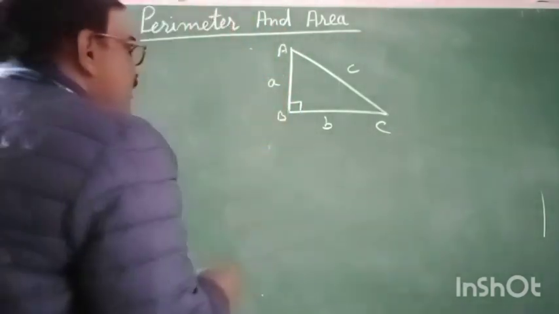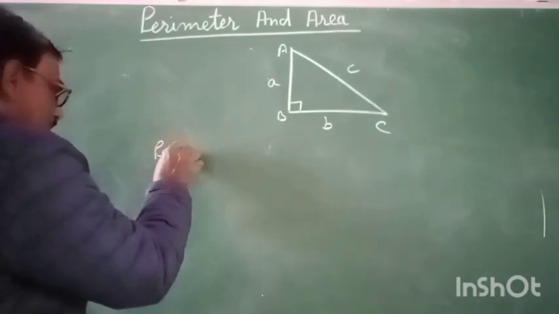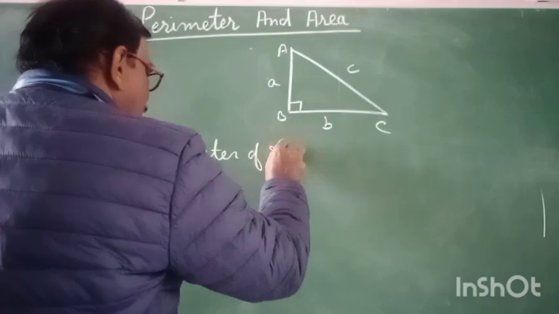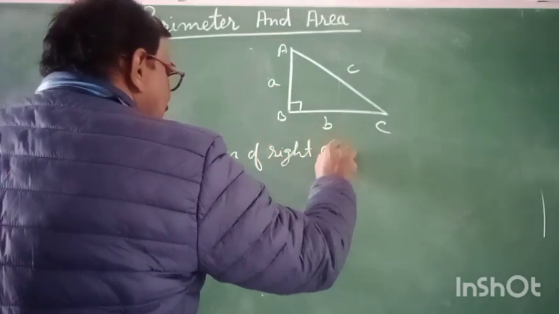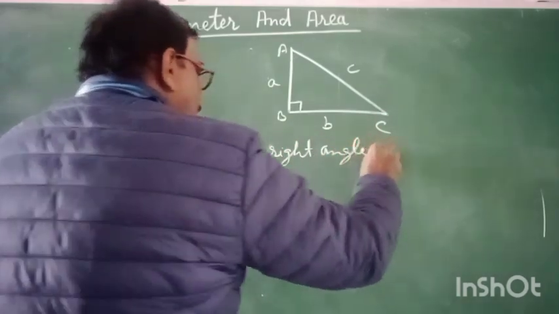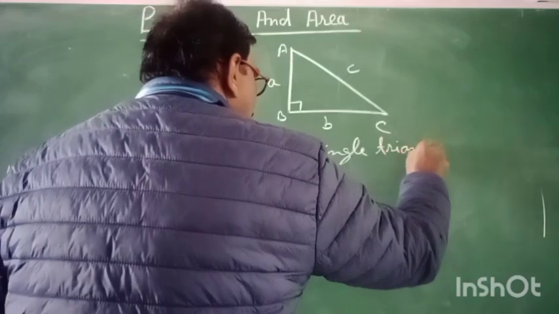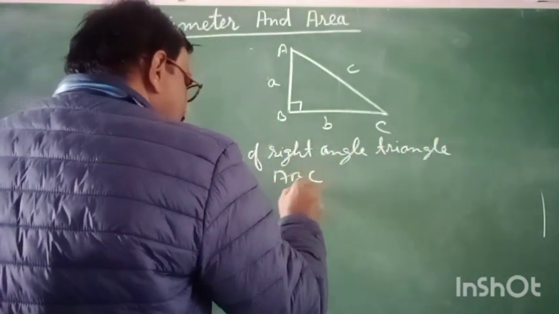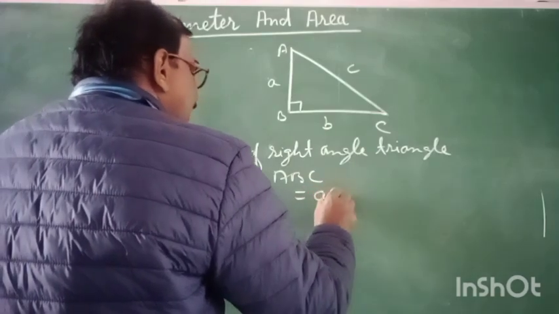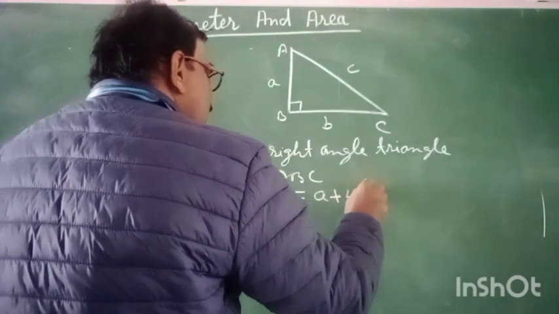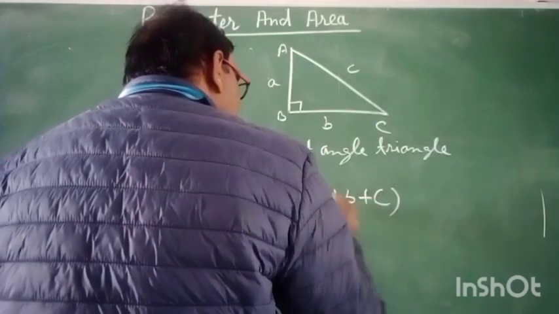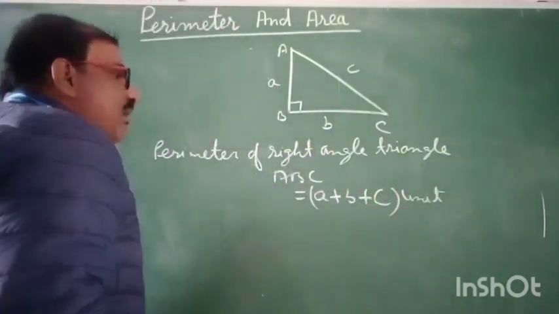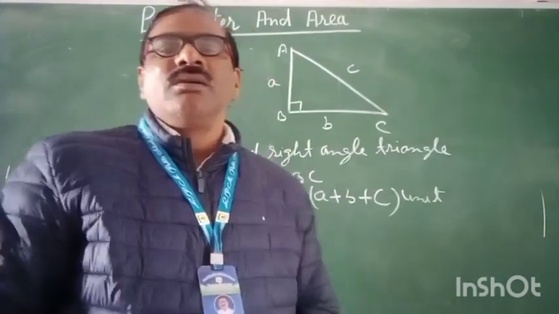So here the perimeter of right angle triangle ABC is equal to A plus B plus C unit.